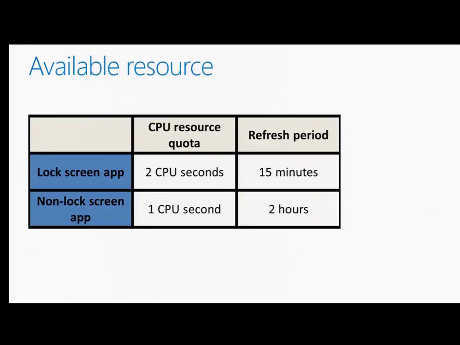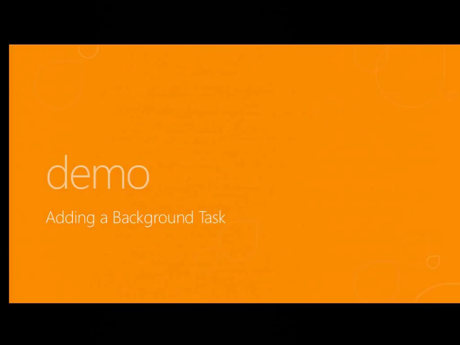There's quite a lot more you can do. So it's not a regular second, it's a CPU second. How many regular seconds that is depends on the CPU. But of course, don't run too long-running tasks in the background. So we'll see how that works.